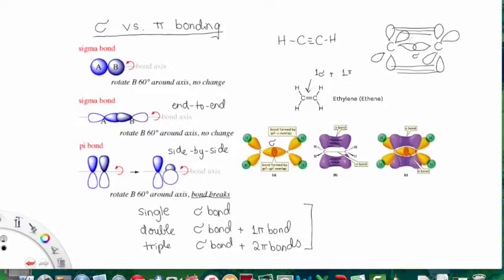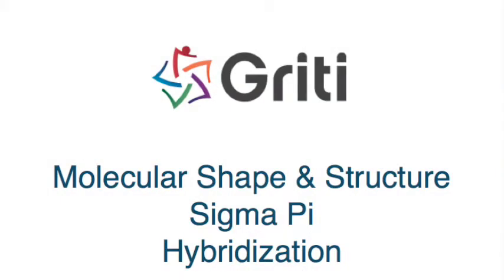So these two are also going to overlap, creating two pi bonds. So for a triple bond, like in an acetylene molecule, we're going to have one sigma bond, which is end-to-end, and also two pi bonds, which are the side-to-side overlaps of the p orbitals.